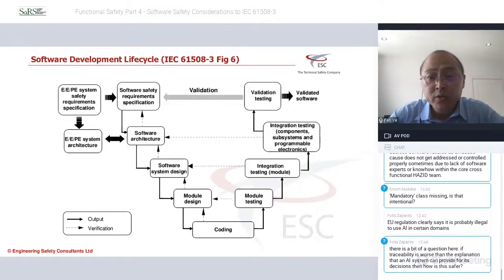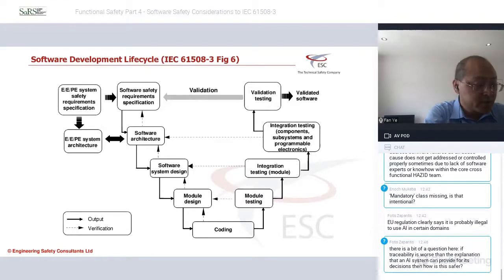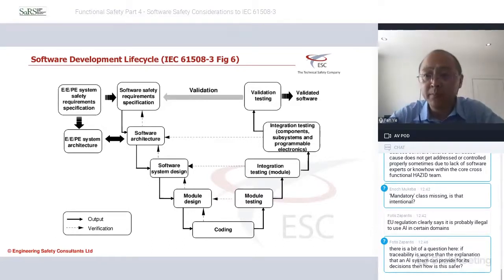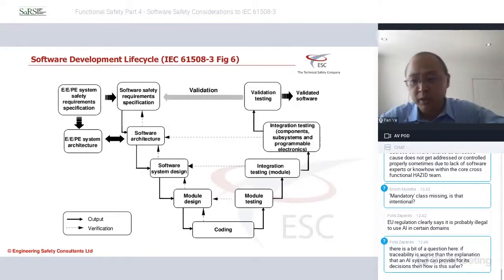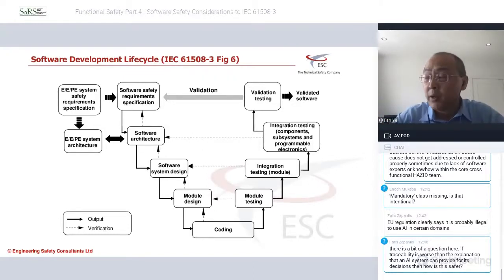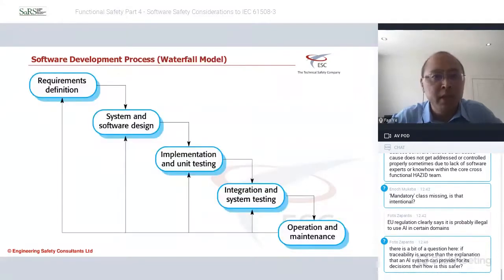It's just a nice model to illustrate those ideas. It doesn't preclude many other lifecycle activities or models. For example, the agile model, which we'll talk about a bit later, is very popular in industry, and there are a few caveats if you apply the agile model to safety-related system design and development.